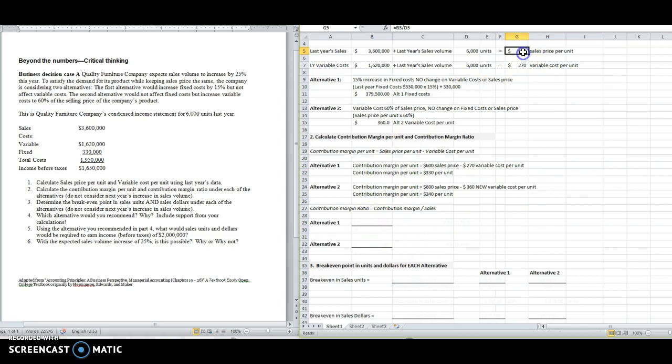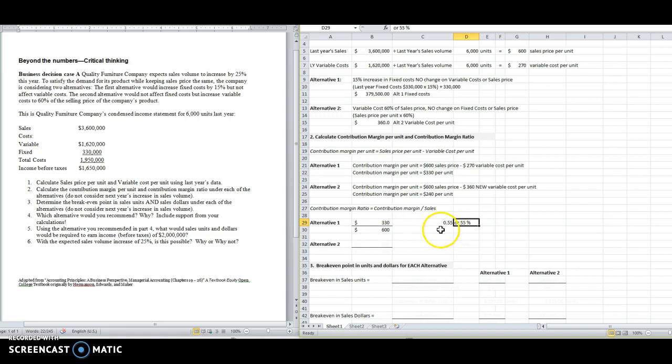For alternative 1, we're looking at a sales price per unit of $600, and we calculated the contribution margin at $330. So the contribution margin divided by sales is going to give me 0.55, which is 55%. The contribution margin ratio means, for every dollar in sales, how much do we have left over for fixed costs?